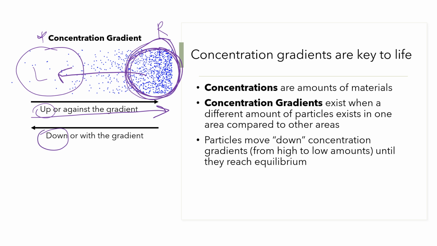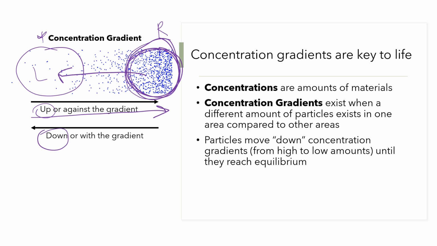Now, in the world, gradients are artificial. Whether they are made by cells or by humans doing things, if we have a gradient, it is a temporary state that is most likely created by a living organism.